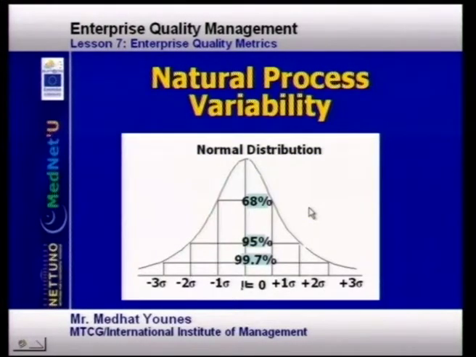Let's take a look at the statistical tool application. In this diagram, you will look at the normal distribution or variations in quality between the statistical numbers of -3 sigma to +3 sigma.